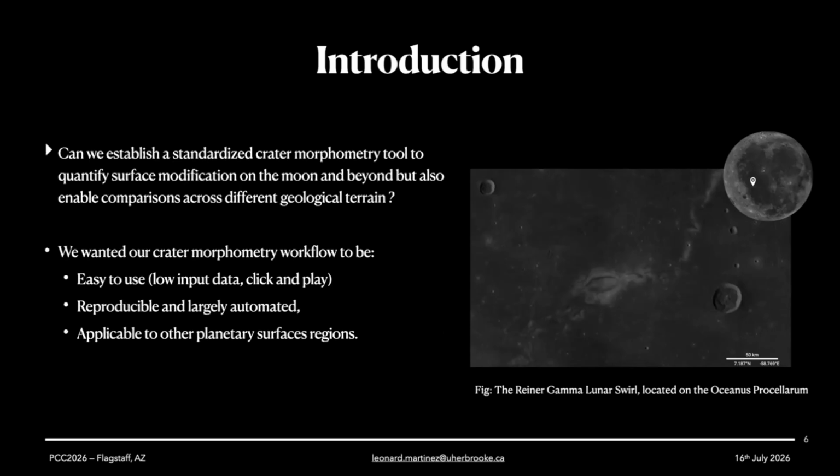So we wanted to establish a standard morphometric analysis, and we built a tool to quantify the morphometric parameters of craters on the Moon, but also on other planetary surfaces. We wanted our tool to be easy to use: you just provide a DTM and a crater database, which can be made manually or automatically, and you just plug and play and see the results.